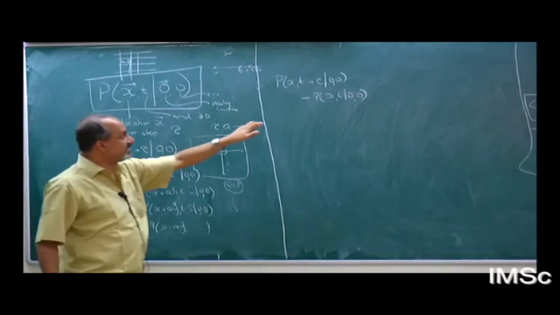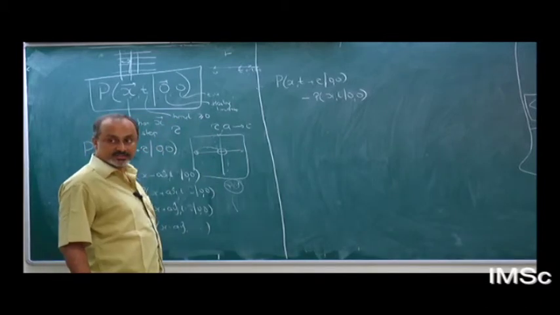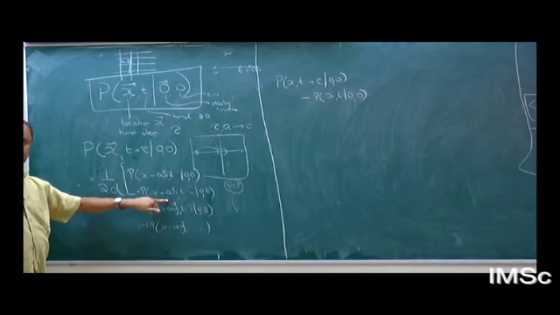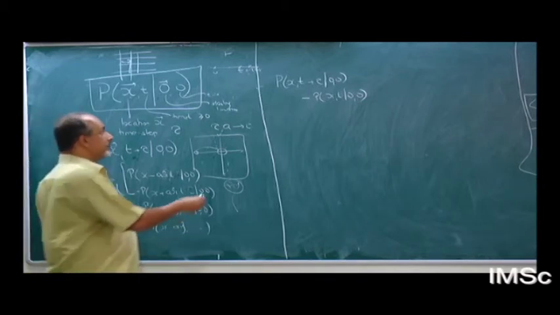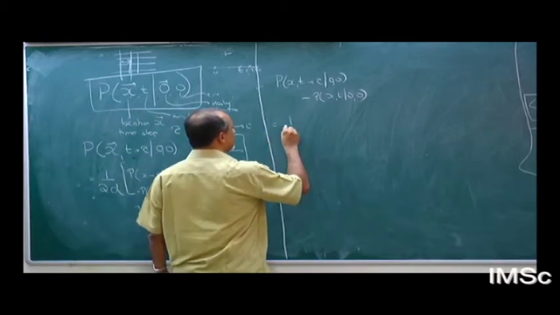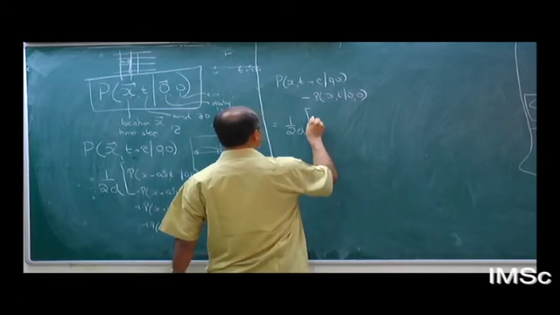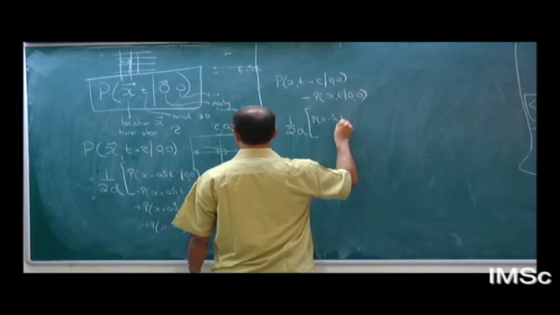So now I'm subtracting this quantity from the left hand side. I should also subtract it from the right hand side. So the way I will do that is, I will put it into the bracket, but then I must multiply by a factor of 2d, because the 2d is sitting outside. Okay? So this is 1 by 2d times the same thing here, p of x minus a x hat at time t.